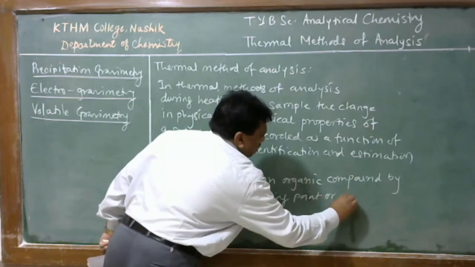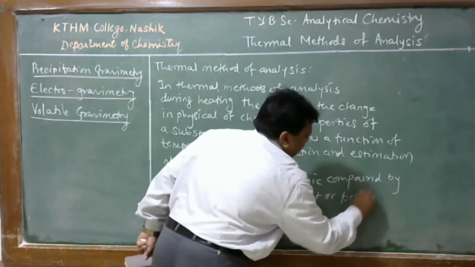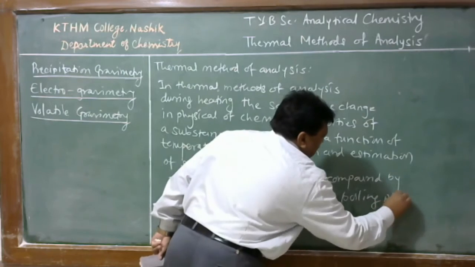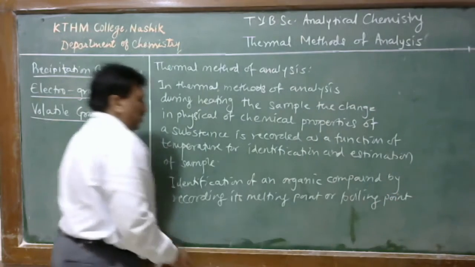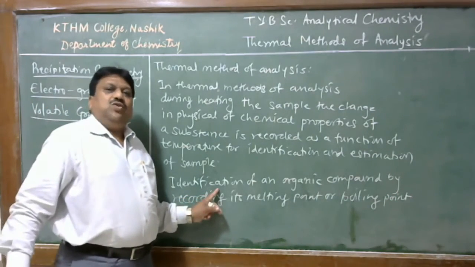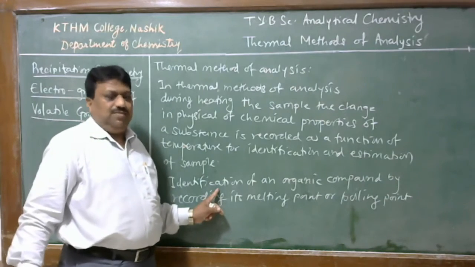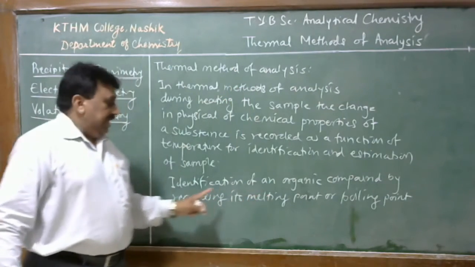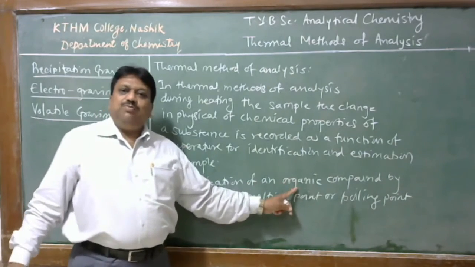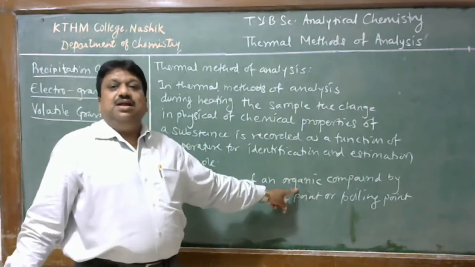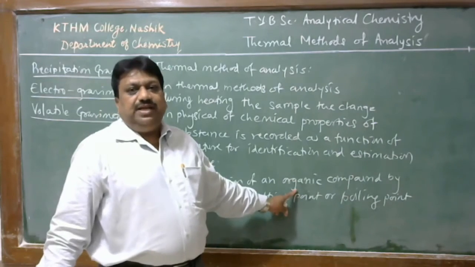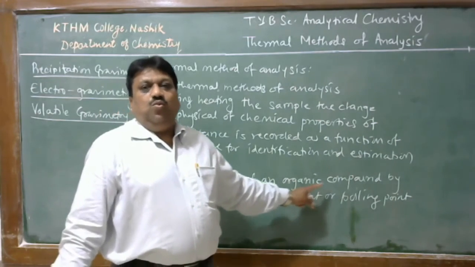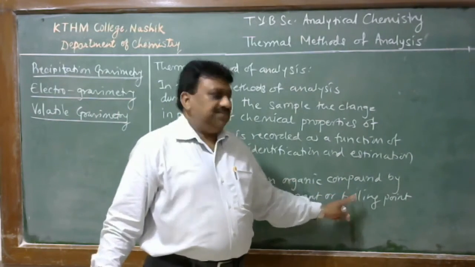This is a physical method of identification of an organic compound. This is a thermal method of identification. That means we can record the boiling point or melting point of the substance, and from the boiling point and melting point we can identify the substance.